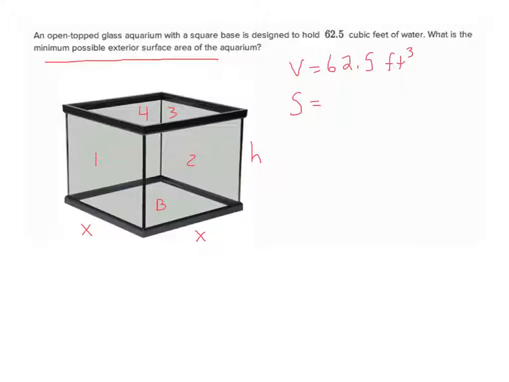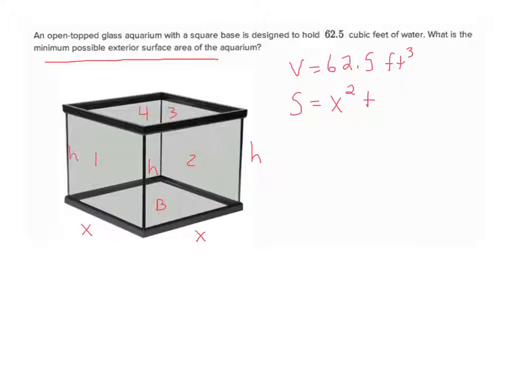The area of the base would be what? So the area of the base is X times X, which is X squared. And then what we've got to do is add to that the surface area of each of the four sides. Okay? Now, this height is the same.